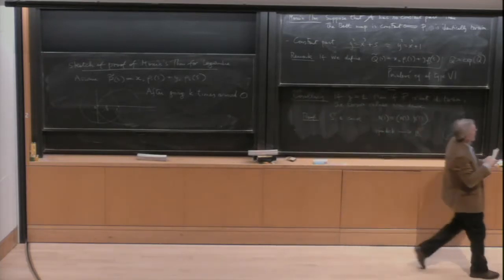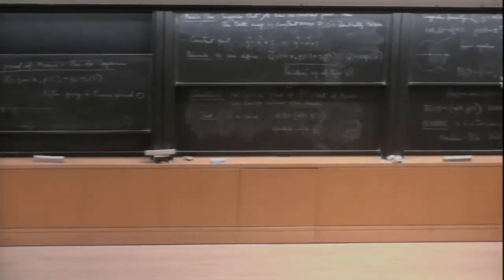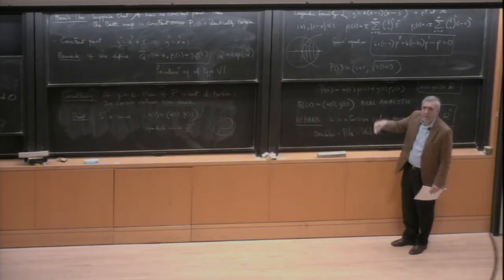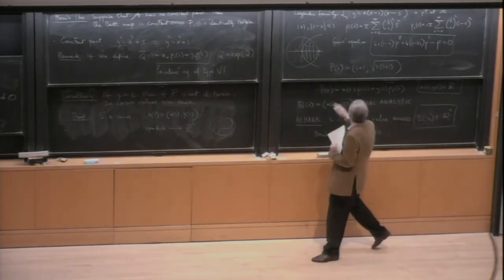For instance, here you see we have a square root. The sign is not fixed, but if we go twice around, we find the same value of P of S.